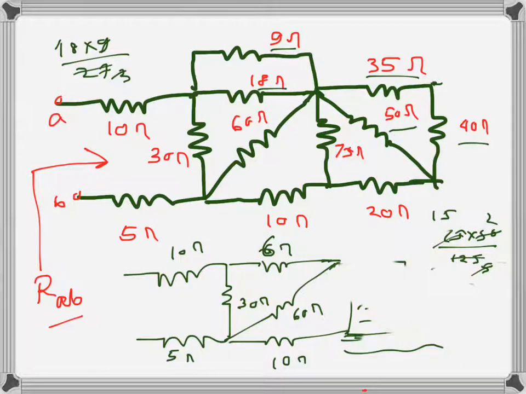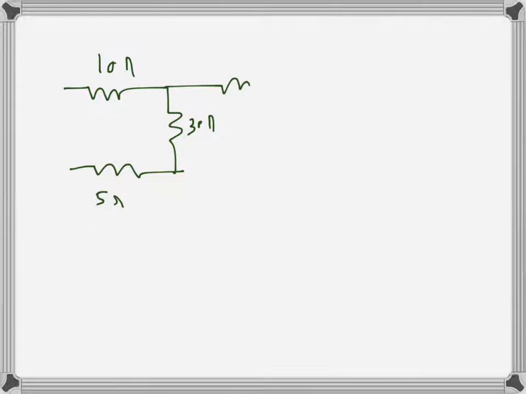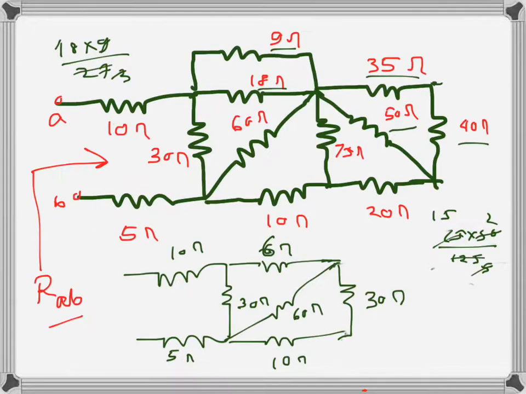I will just erase this part, and then maybe I will start drawing again. So here we have 30 ohms now. After that, I will draw again a little bit. That's 10 ohms, that's 5 ohms, that's 30 ohms, 5 ohms, that's 30 ohms, that is 6 ohms there, and then we have the 60 ohms there.